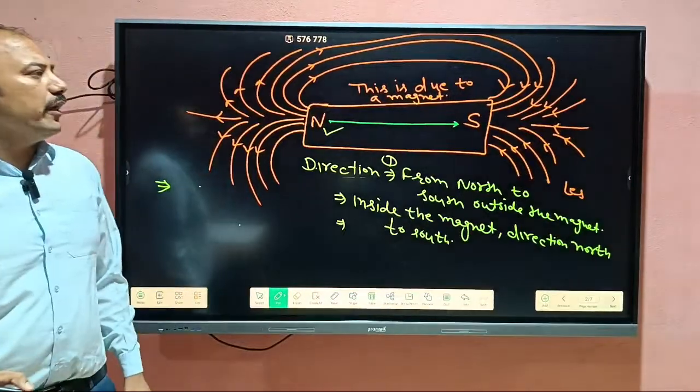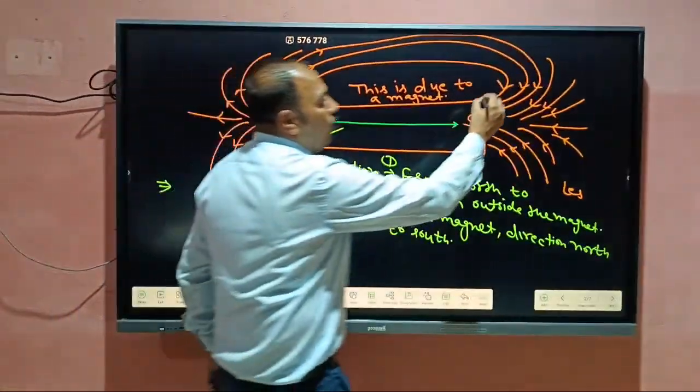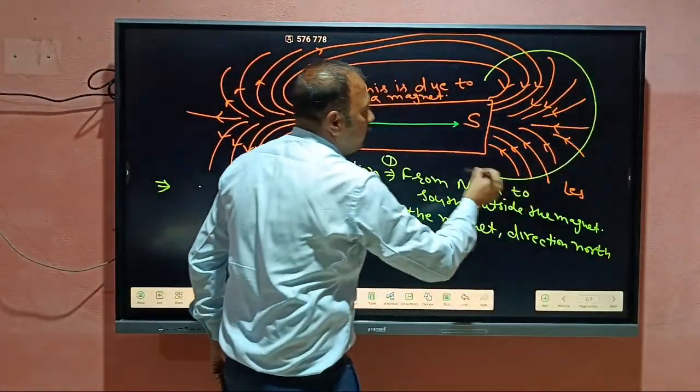And the third thing here: these lines are more crowded at the ends.